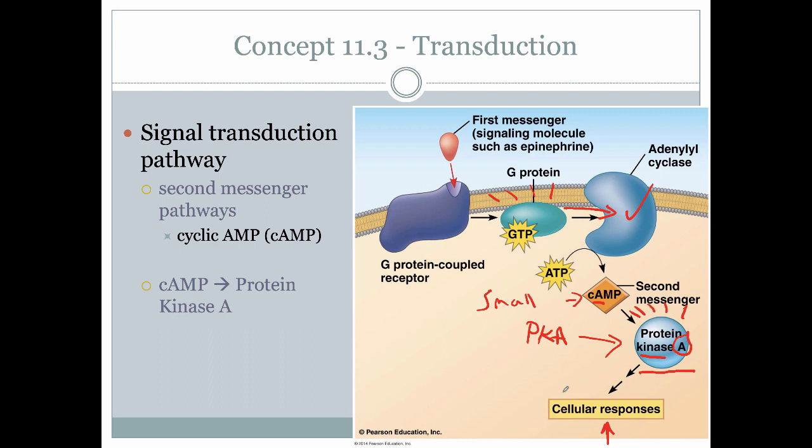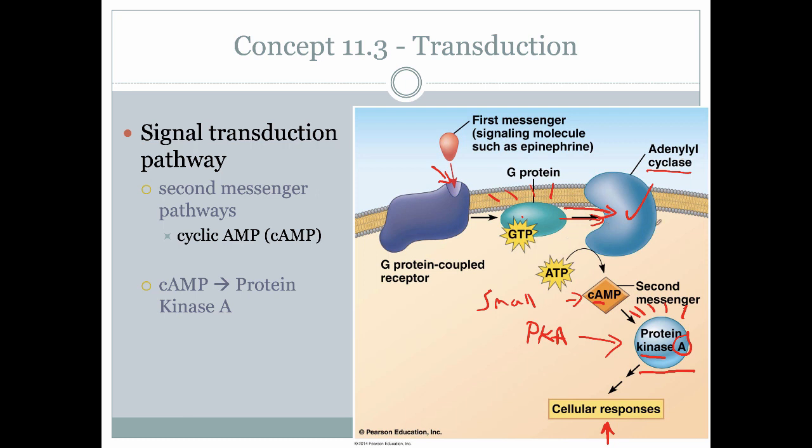All right? So we start with an external signal binding to a G protein coupled receptor. That G protein coupled receptor activates a G protein, and you should be able to explain what activates means. The active G protein then binds to adenylyl cyclase, which activates it.